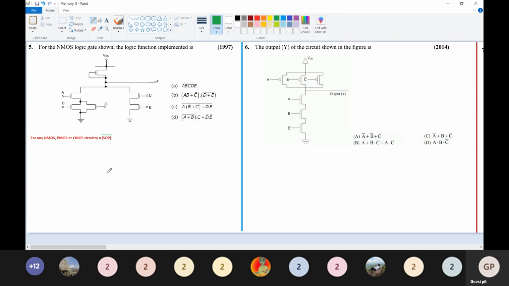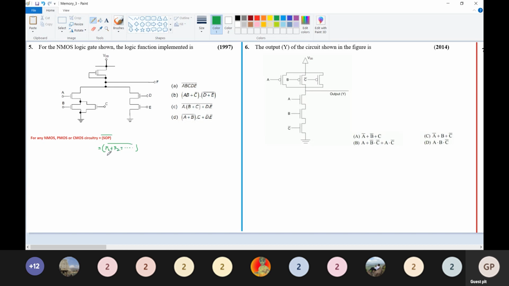So we have to find the SOP expression here. The SOP expression consists of product terms, 1, 2, can be any number, but in the complemented form. These product terms are nothing but the parallel paths.